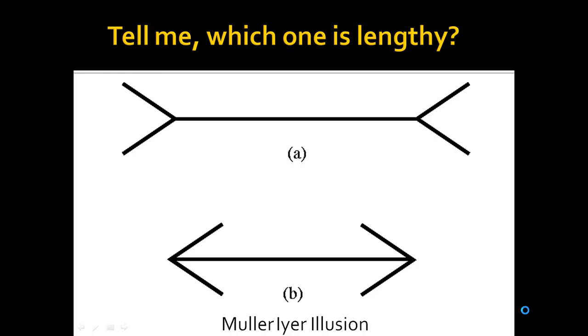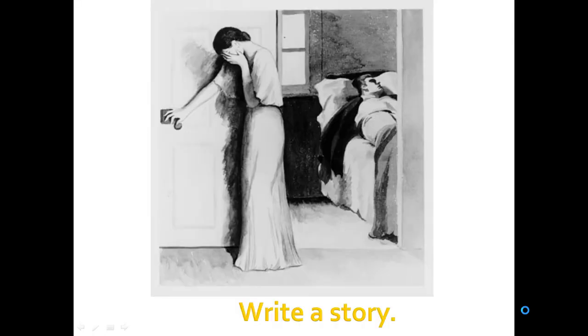Finally, the Muller-Lyer illusion. The question is, tell me which one is longer. If I look at both lines, line B seems smaller compared to line A, whereas in reality both lines are of the same size. It's just the direction of the arrows attached to these lines that makes line B seem much smaller than line A. So this basically gives a huge opportunity.